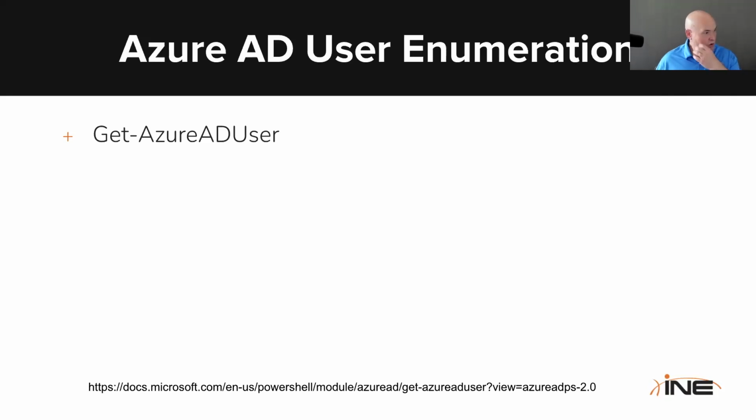One of the tools you can use for AD user enumeration is Get-AzureADUser. You can collect Azure Active Directory information there, enumerating users, because then you can try password spraying.